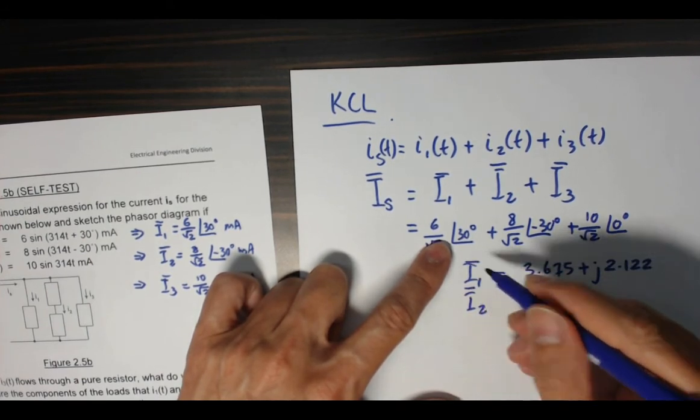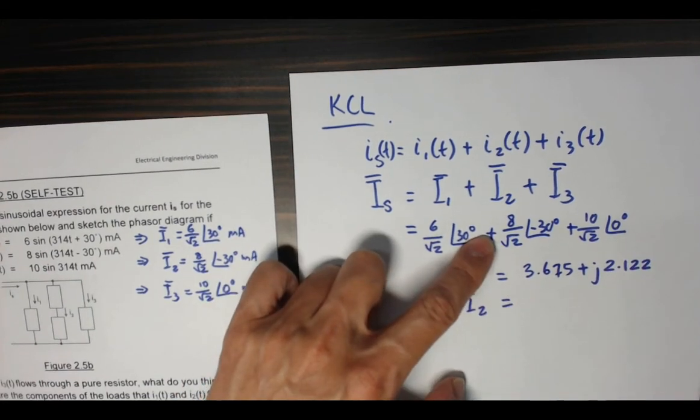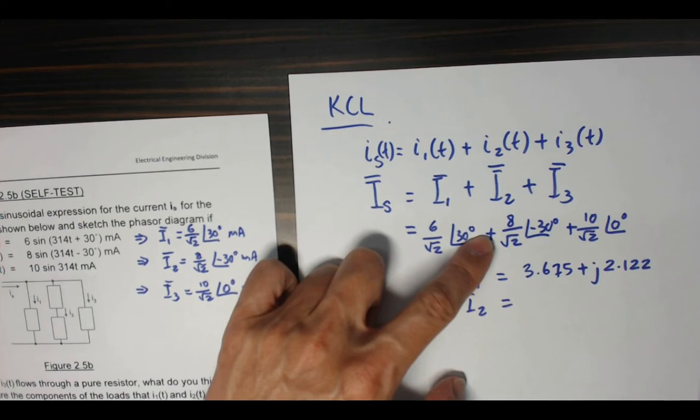I2 is 8 divided by root 2, which is 5.657 at an angle of minus 30 degrees.